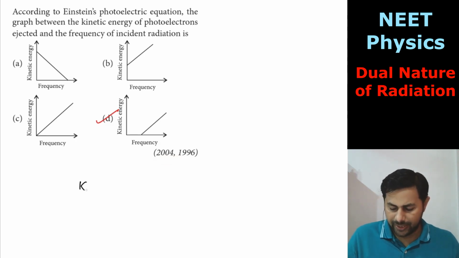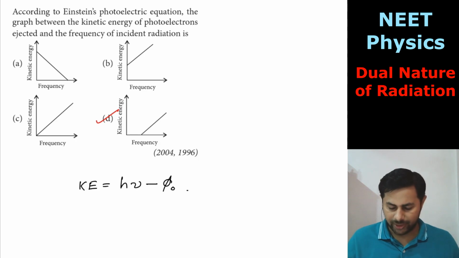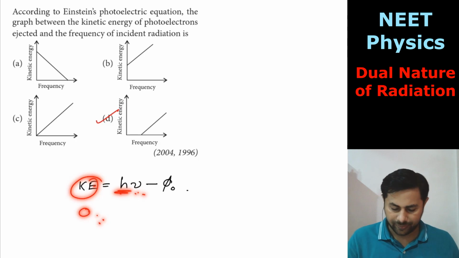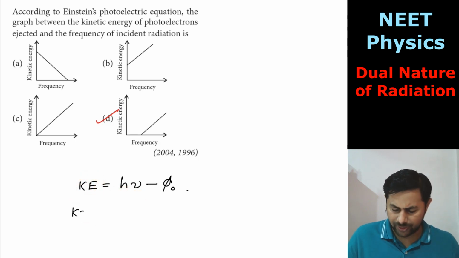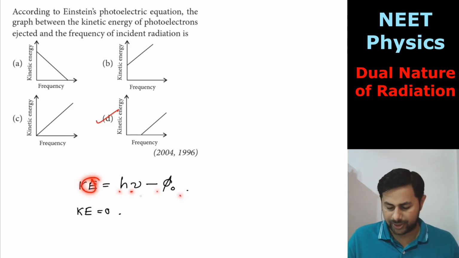Right, so Ke is equal to what? It is equal to h times nu minus phi naught. For K equals 0, you have nu equals to what? Put this thing equal to 0. So h nu minus phi naught is 0.